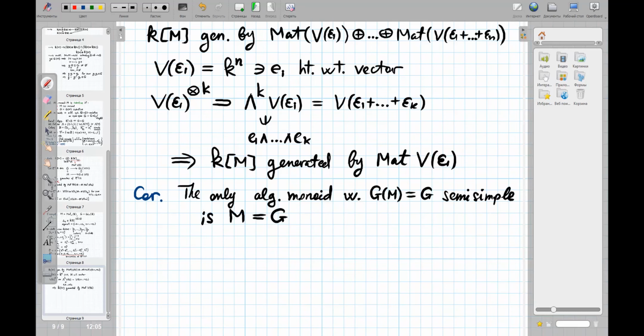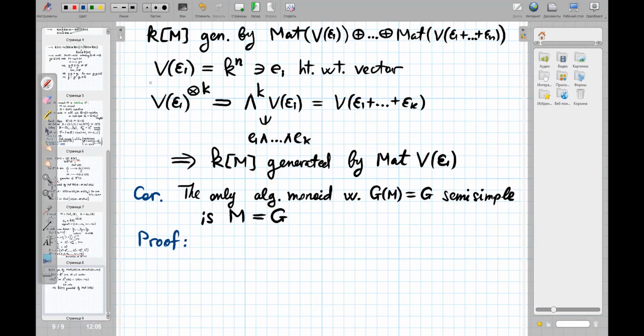So semi-simple algebraic groups admit no non-trivial equivariant embeddings into algebraic monoids. The only algebraic monoid whose group of invertibles is semi-simple is this group. This immediately stems from the classification, so the proof is very short, actually.